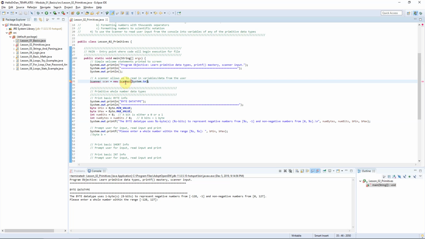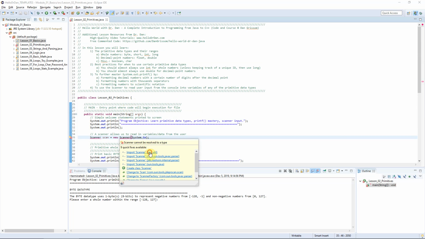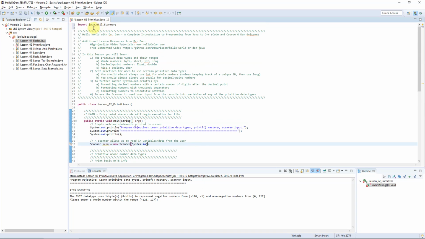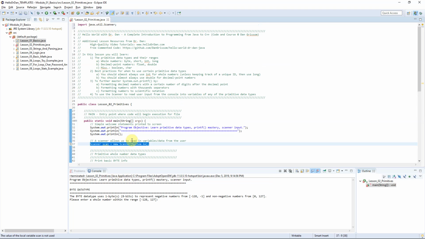What you're going to want to do is hover over and import this Scanner, java.util. It's going to add a line at the very top of my code that imports this functionality into my program. By default, I don't have the ability to read in text from the user from this console down here, so I import this functionality into my program.